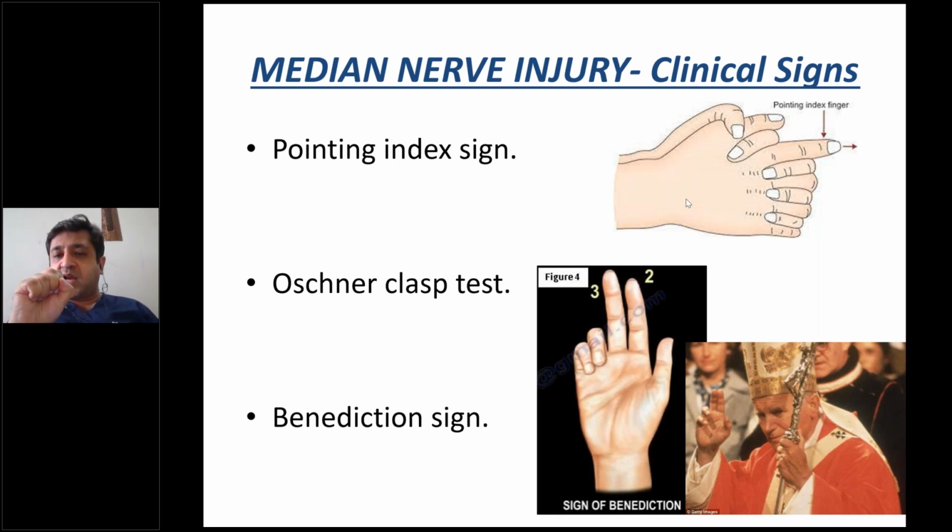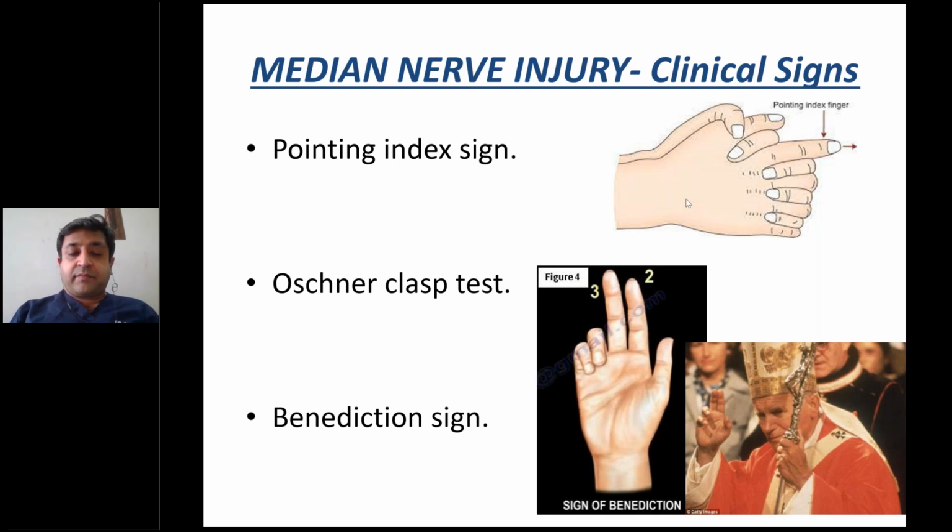To prevent this, you ask the child to make a clasp like this, and in this position he will not be able to do the trick movement, and in case of pointing index, the index finger will not be able to flex. This is called the Ochsner clasp test.